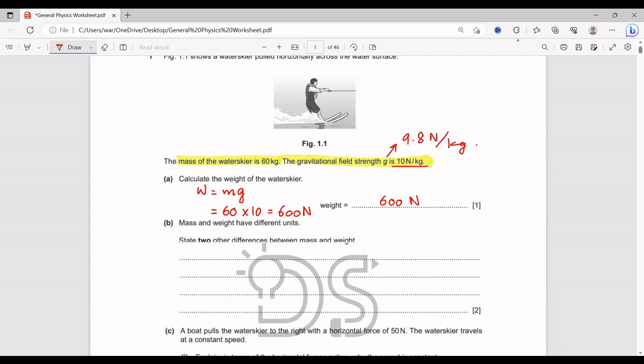So the major difference between mass and weight is the dependence on gravitational field strength. Mass does not depend on gravitational field strength, students, but weight depends upon gravitational field strength.